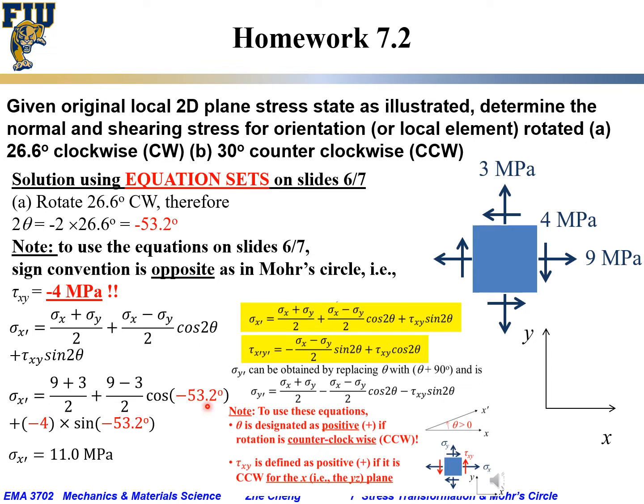Okay, so we put negative here. The tau xy is also negative, and 2 theta also negative. And plug the number in, you would get the normal stress for the new orientation, which is 26.6 degree clockwise, would be 11 megapascal.